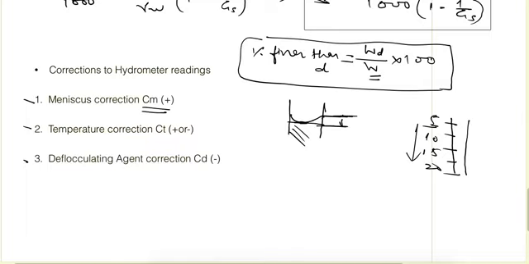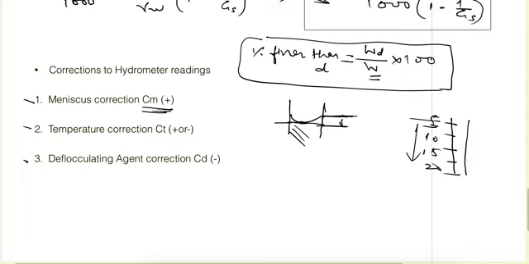And then next is the temperature correction. It can be positive or negative. Meniscus correction will always be positive, because as I said, we have to take the lower level of meniscus, but we are taking the upper level of meniscus, and upper level of meniscus will give us a smaller value, so the actual value will be bigger than that, so this correction will be added.